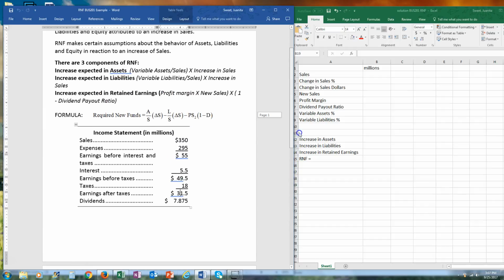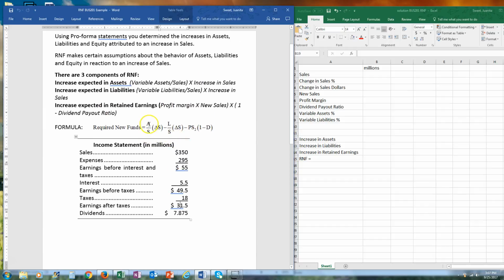So first, looking at the formula, we see that the relationship between variable assets and sales times the additional sales is going to tell you how much additional assets you need to increase the sales that much. The liabilities over sales is your variable liabilities, which liabilities go up as you increase sales, times the change of sales.